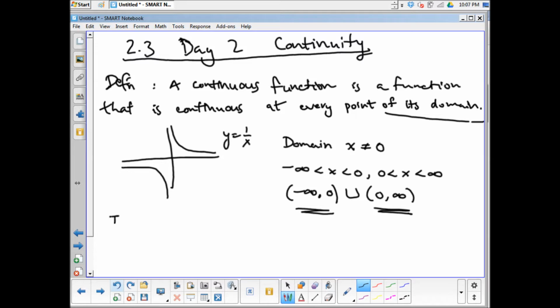Why don't you take a moment and look at number 31. Exercise 31. We'll do this together. Okay, explain why the given function is continuous.